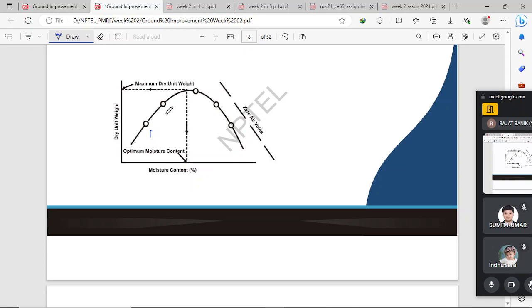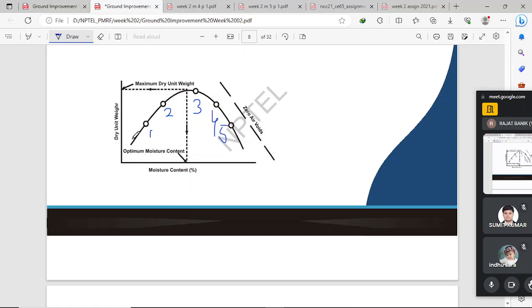In the second case we increase the water content by 2%, 3%, and again calculate the moisture content of that soil and the corresponding dry unit density, and we get the second point. Like that we get the third point, increasing the water content, and the fourth and fifth points.